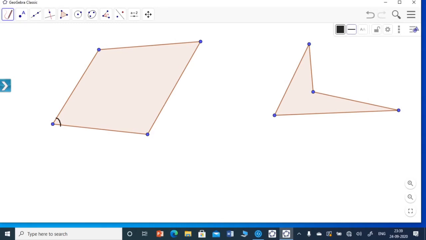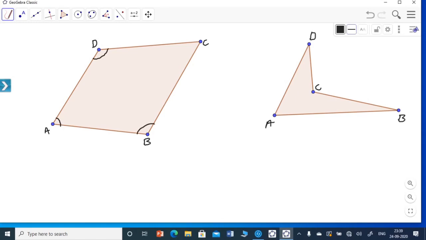Look at the angles of a polygon. Look at the angles in a convex polygon. Look at the interior angles of a polygon in the first figure.